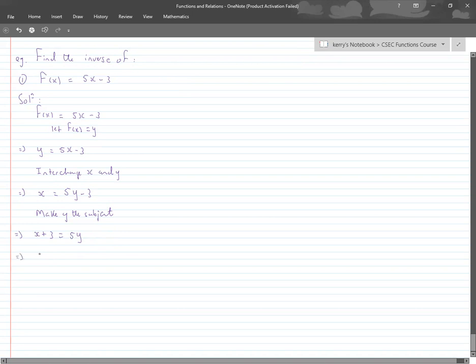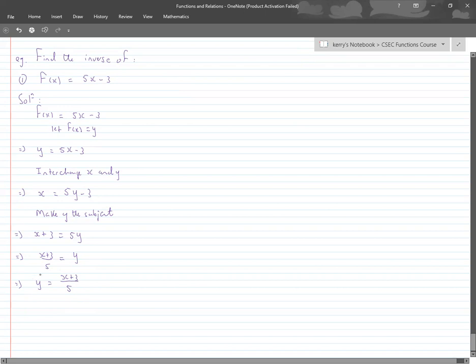So what we do is we divide both sides by 5. This will give us 5y over 5, but these two 5s will cancel, leaving us with just y. Just rewriting it in a more normal order, it gives us y is equal to x plus 3 all over 5. And this is now your inverse function.